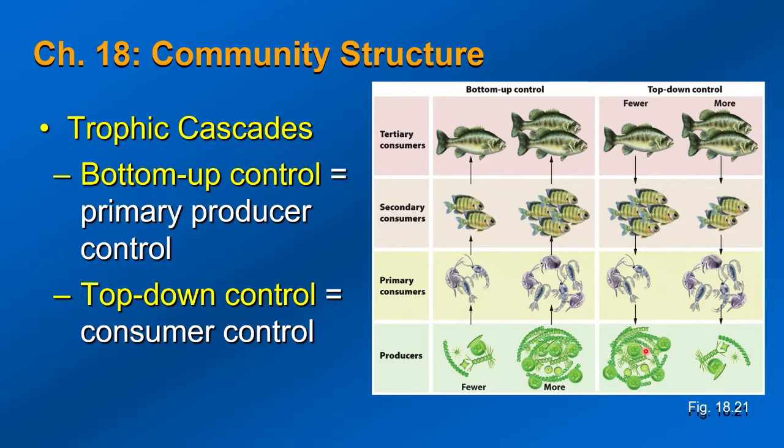Obviously, it's blue because of water, but the terrestrial setting is green because of the green plants, because there are fewer consumers eating the green plants, because there are more secondary consumers eating the primary consumers, etc. Okay. If you have more tertiary consumers, then they eat the secondary consumers, which then now releases the primary consumers, which then now eat the herbs or the phytoplankton and things like that.